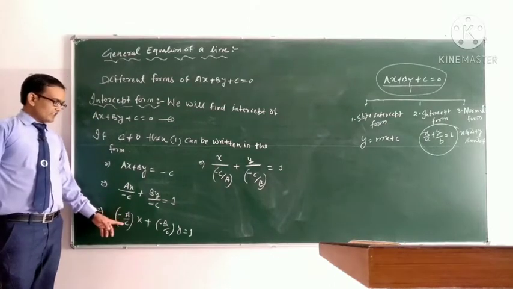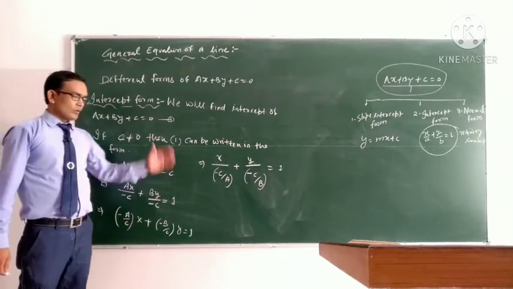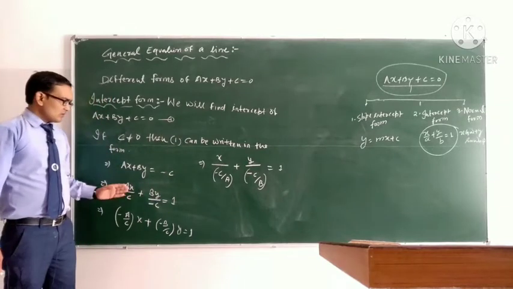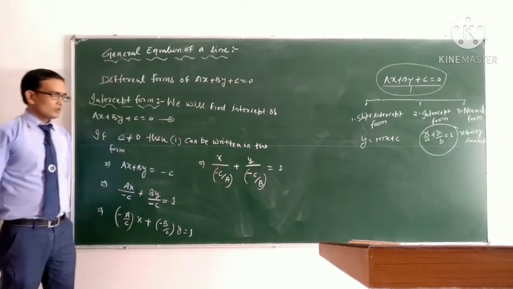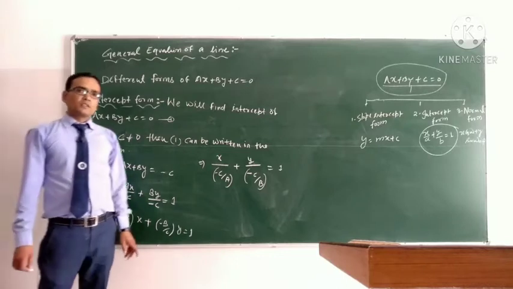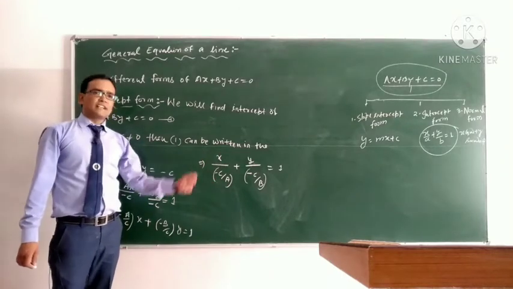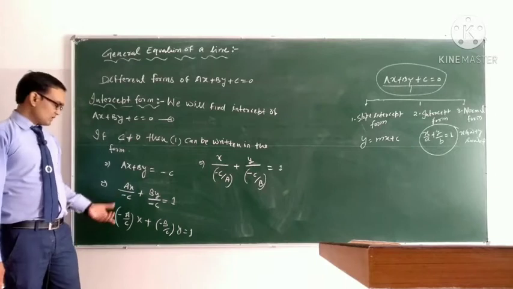Minus a upon c is also written as 1 upon minus c upon a. Okay students, if you simplify it, then you also find this.